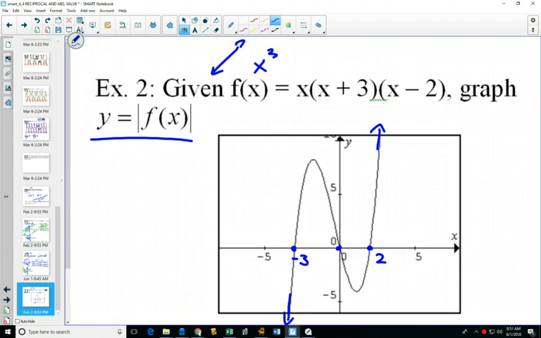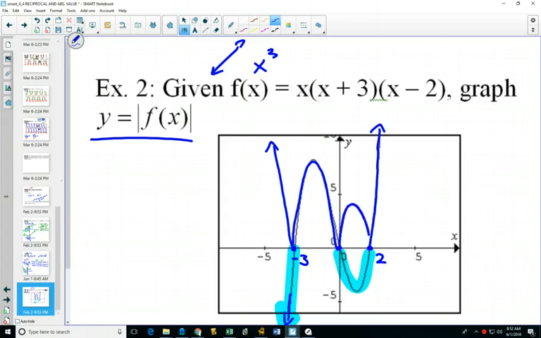And so if we highlight the sections of our original graph where the y values are negative, to graph y equals the absolute value of f of x, the positive parts are going to stay the same, and the negative parts are going to get reflected over the x-axis. And so the blue graph is the graph of the absolute value of f of x.